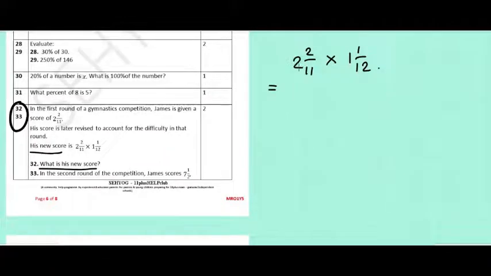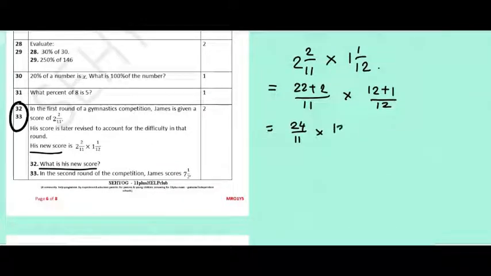So one by one we will turn them into improper fractions. So 2 times 11 is 22 plus 2 over 11, and this is 1 times 12, 12 plus 1 over 12. So that is 24 by 11 times 13 by 12, and you will see that 12 and 24 have a common factor of 12.